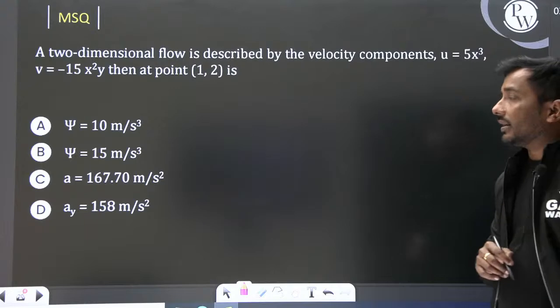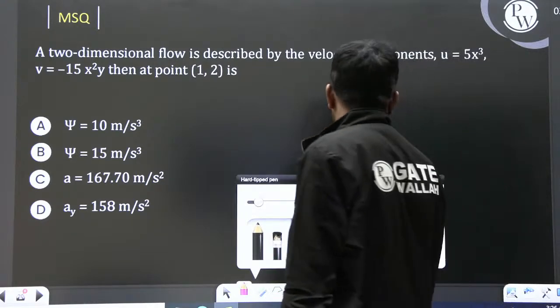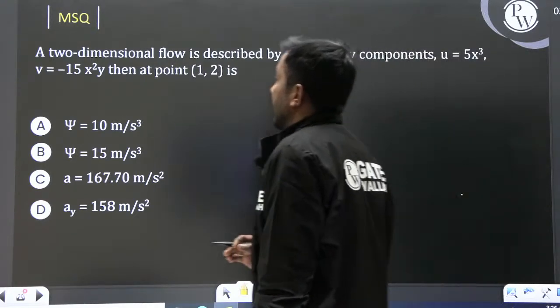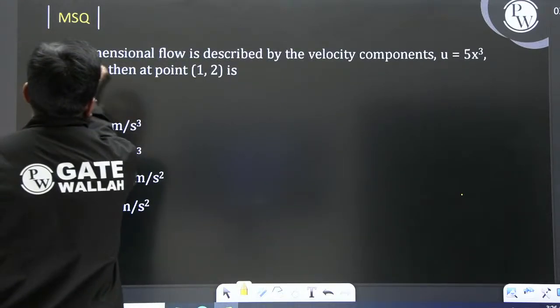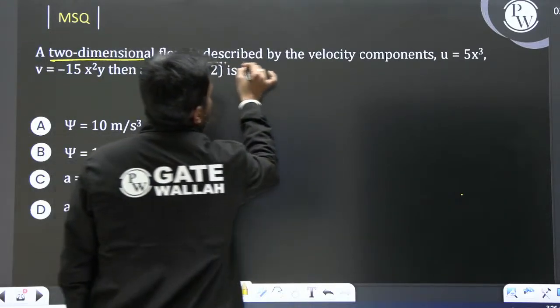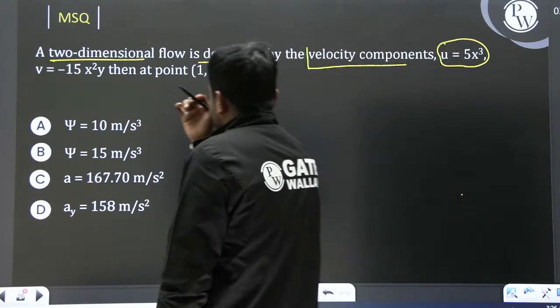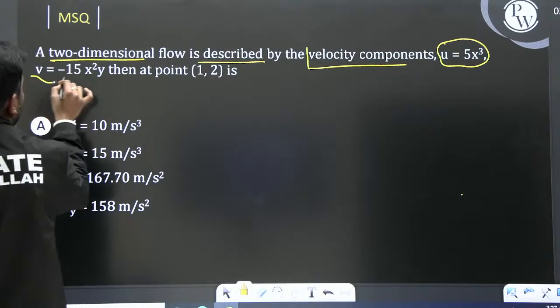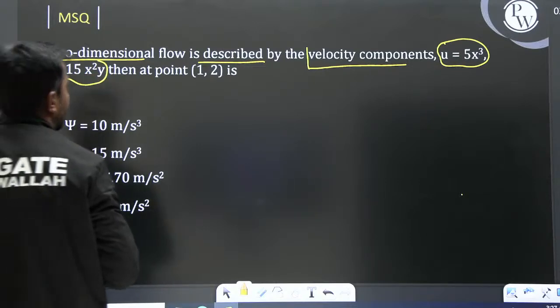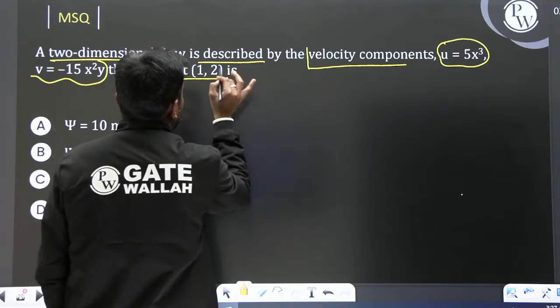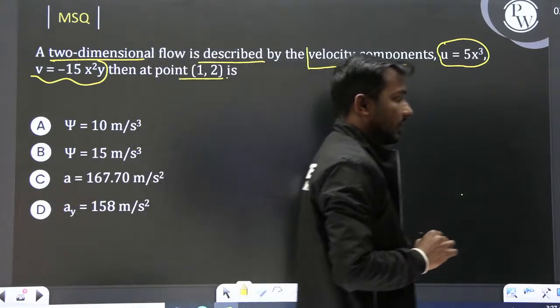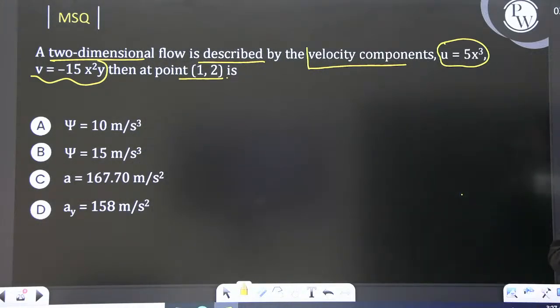What is the question saying? They are saying that a two-dimensional flow is described by velocity components. U is given as this, and the y direction velocity is given as this. Then at point 1 comma 2, which answer is correct?